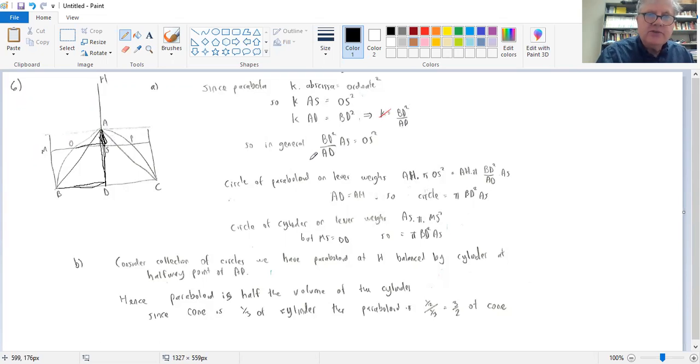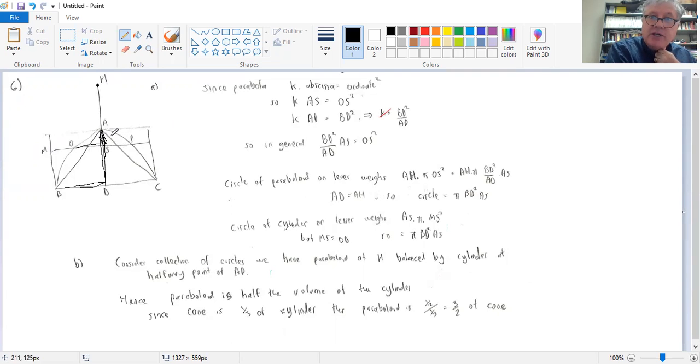Okay, so the circle of the paraboloid on the lever, so right here, weighs, remember we're putting it all at this point H over here, that is going to be AH times the area of this circle. So we can think of that as whatever thing it's exerting on the lever.